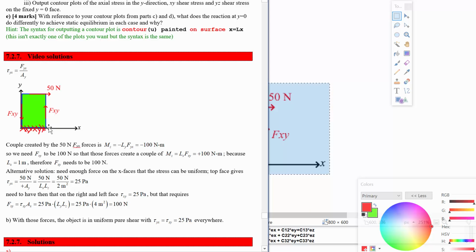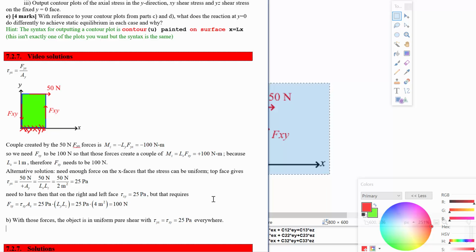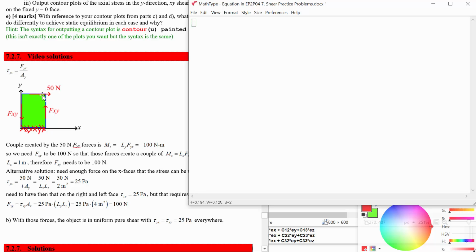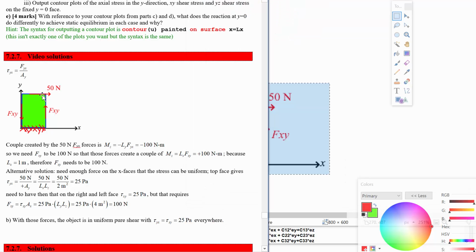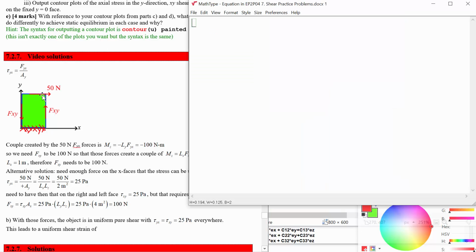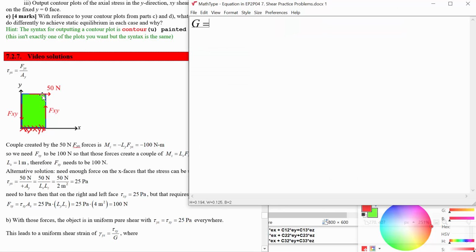And since the bottom surface is fixed, that means that we can get the, so, okay, first of all, this leads to, let's put it like this. This leads to a uniform shear strain of gamma yx, or gamma xy, is equal to the shear stress divided by the shear modulus, right, where G is equal to E over 2 times 1 plus nu.